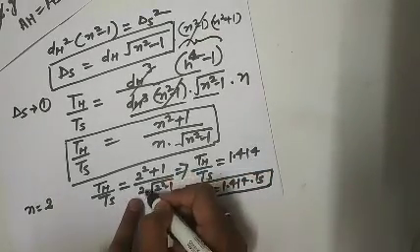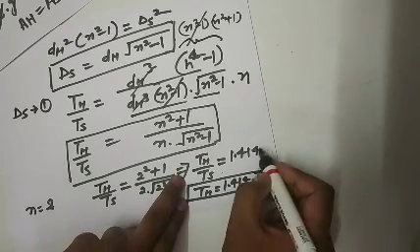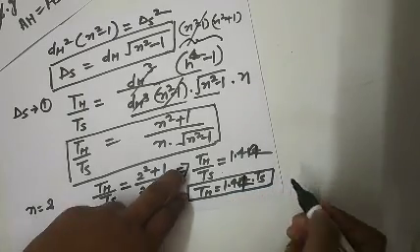This will be 5 into 2.5 and this will be under root 3. That comes around 1.44, right? 1.44 Ts.